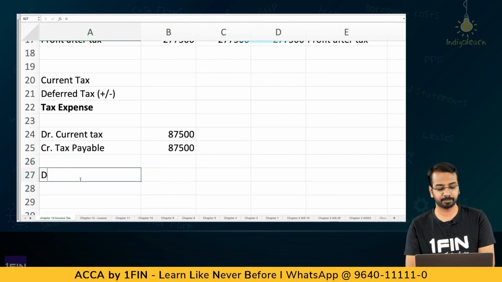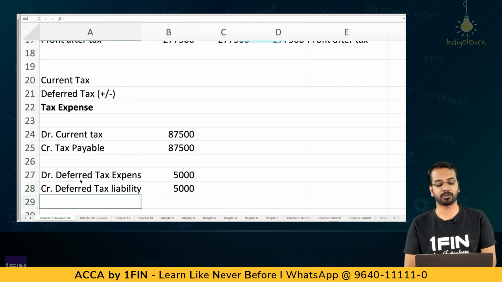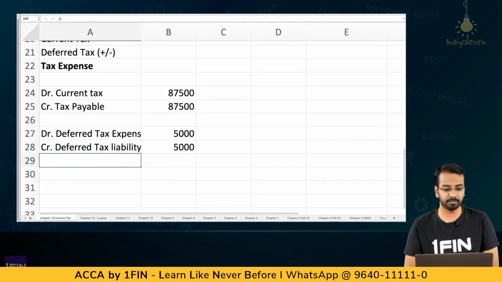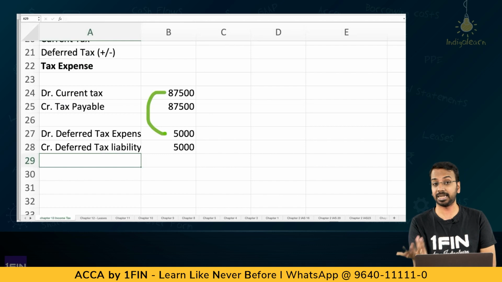And for deferred tax, debit deferred tax expense 5,000, credit deferred tax liability 5,000. So the total expense will be current tax plus deferred tax put together. If there is a benefit, if there is an asset, then current tax minus deferred tax benefit, right?